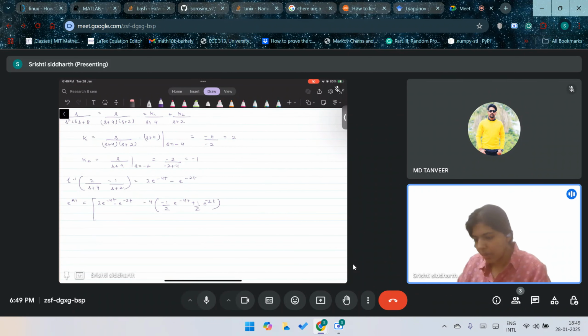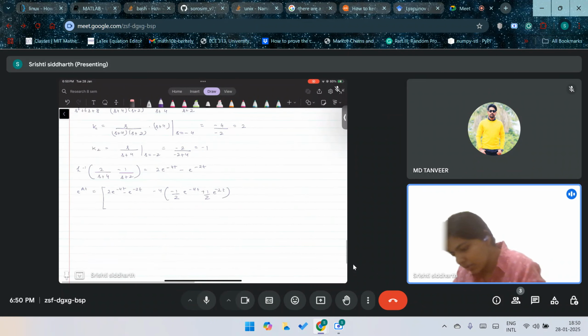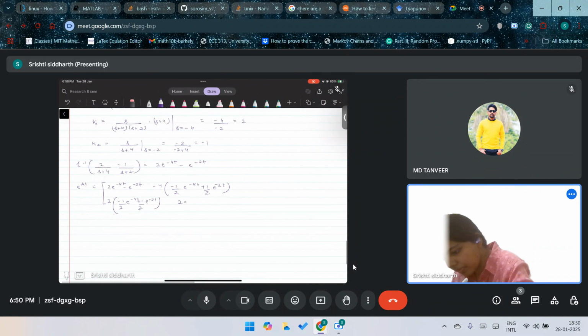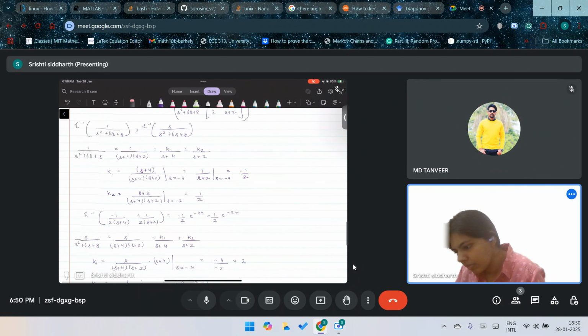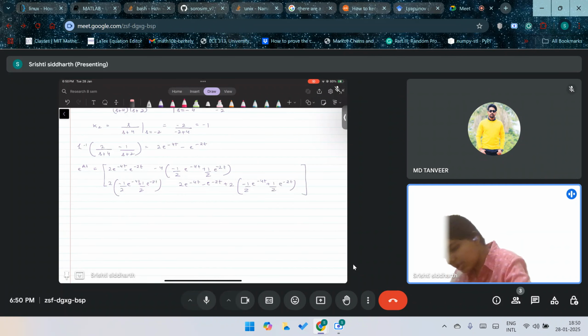You can just multiply by minus 4 and take it inside, and then we have twice of that. And the last one is plus twice of minus half e to the power minus 4t plus half e to the power minus 2t. So you can simplify this, but this is the state transition matrix.